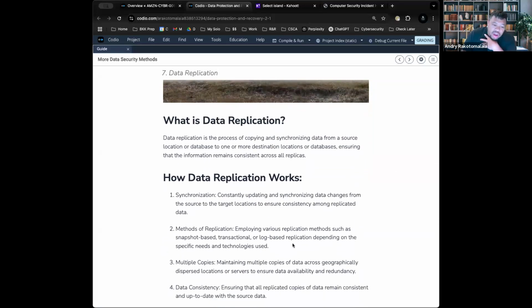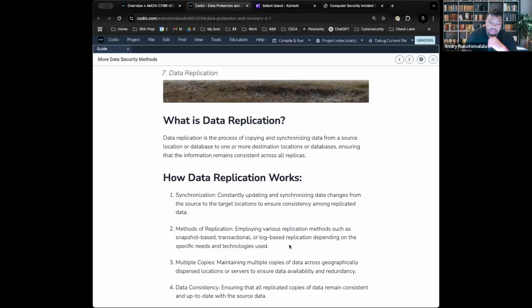Now, there are other methods of replication. You can do a snapshot like we talked about before. A snapshot would be if I create a file that says test file, but then I don't make any changes to it for 2 days. Then that snapshot backup will be just that point in time.